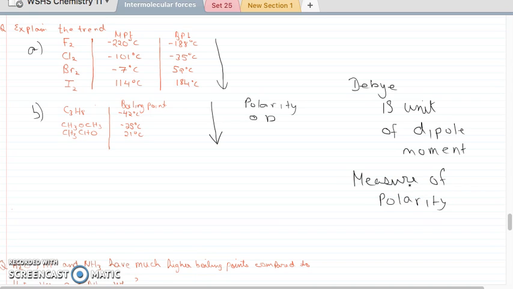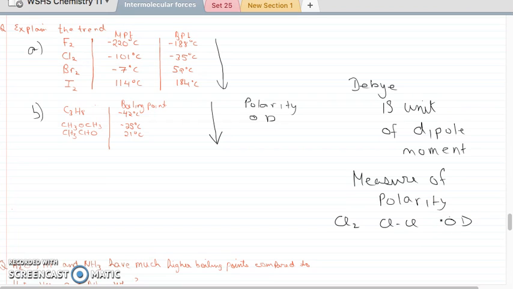Or let's take the example of chlorine. You know that chlorine is non-polar because you have two chlorine atoms and both of them are pulling the electrons, so the electrons would be dead in the center. So it's a non-polar molecule. So the numerical value of the dipole moment, something that tells you the polarity, would be 0 debye. That means it's non-polar.